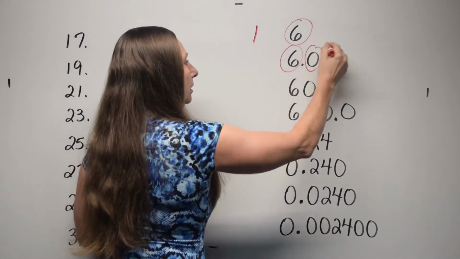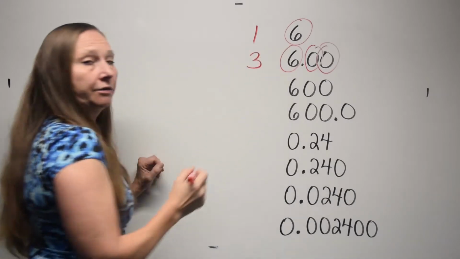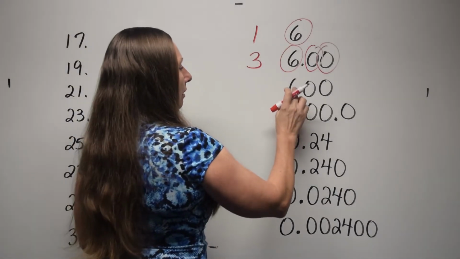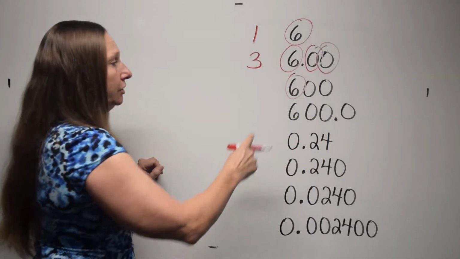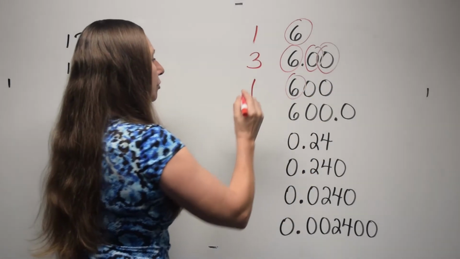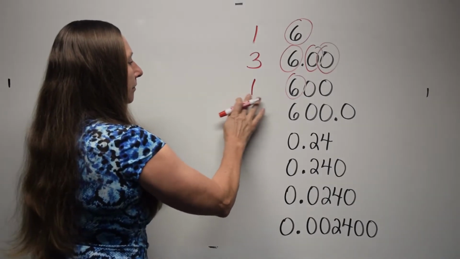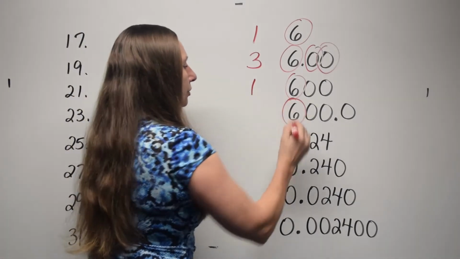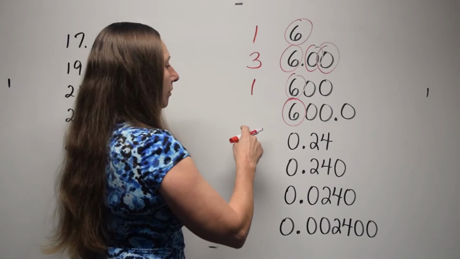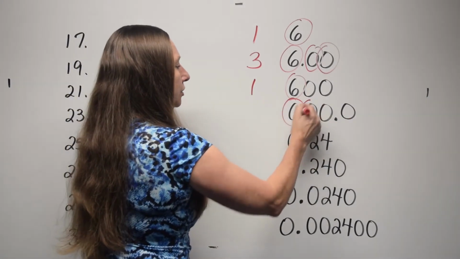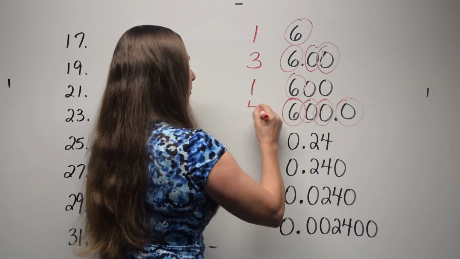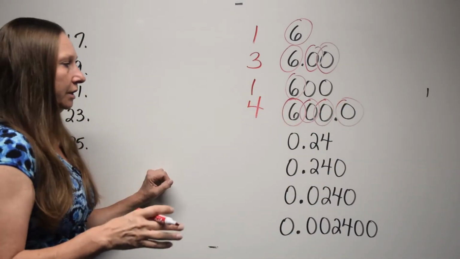There's a decimal, so therefore you've got 3 significant figures here. Zeros after the last non-zero only count if there's a decimal, so you've got 1 significant figure there. Here, there is a decimal, so those 3 zeros are all significant.